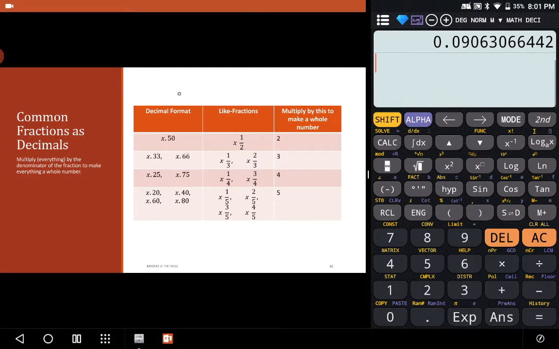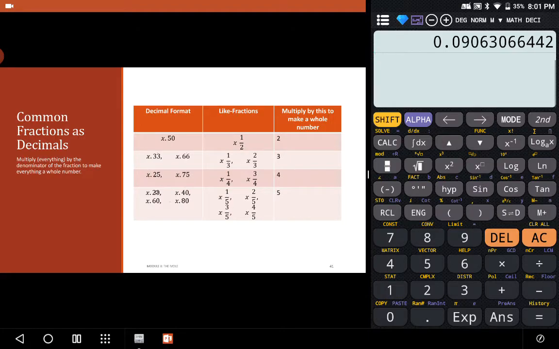So this table here is to help you identify if you see these decimals, then it relates to a fraction with this denominator. So that tells you what you need to multiply by in order to clear the fraction. So if you see like 1/4 or 3/4, then you should multiply by 4 in order to make things a whole number.